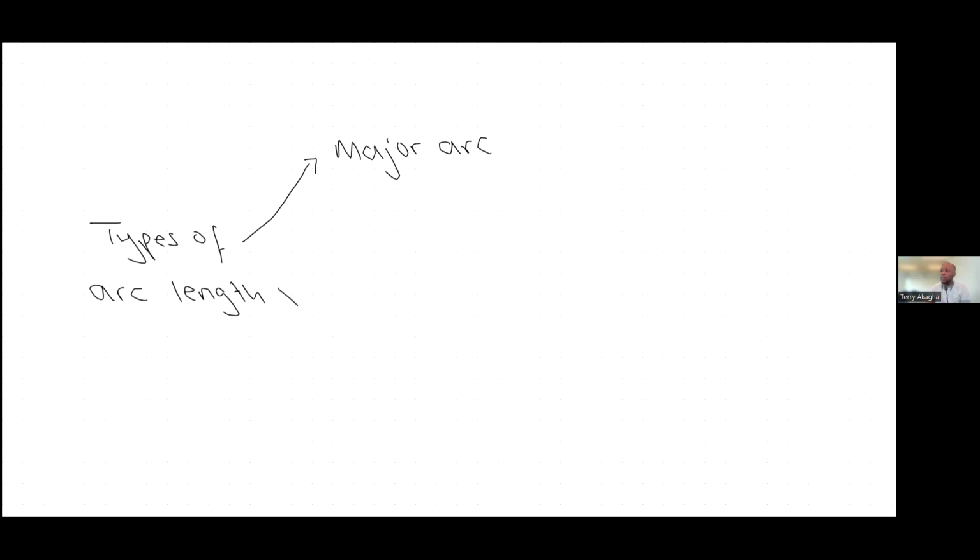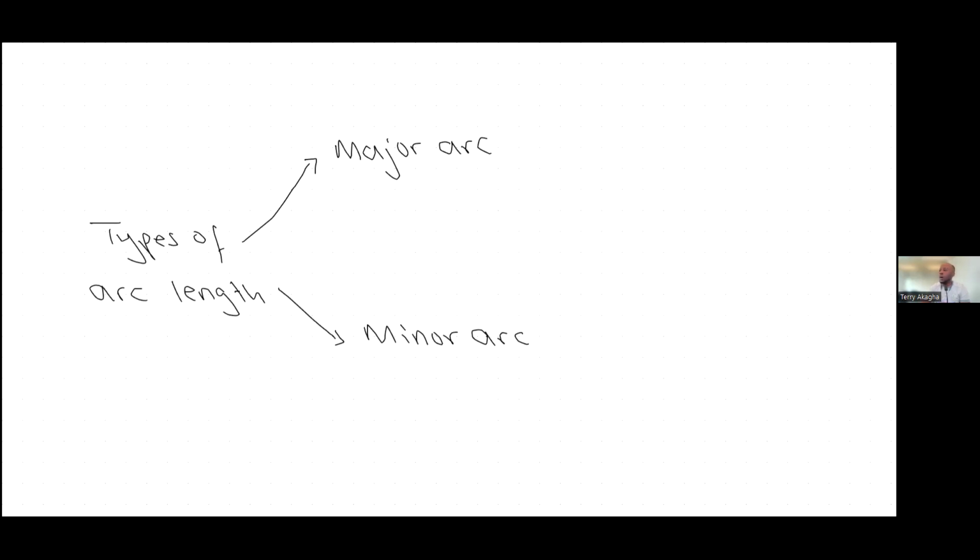So how do you differentiate both of them? The major arc is greater than half of the circumference. When the arc is greater than half of the circumference, it's called a major arc. And when the arc is less than half of the circumference, it's called a minor arc.